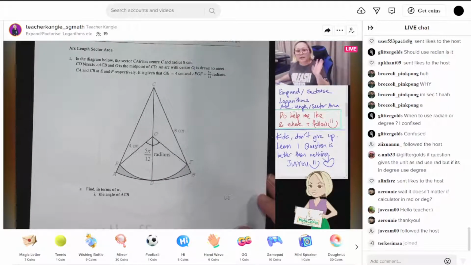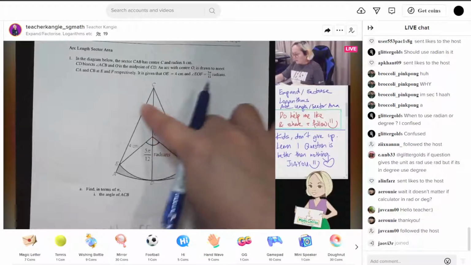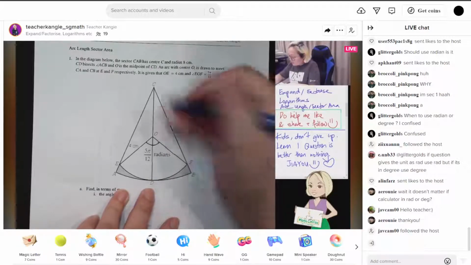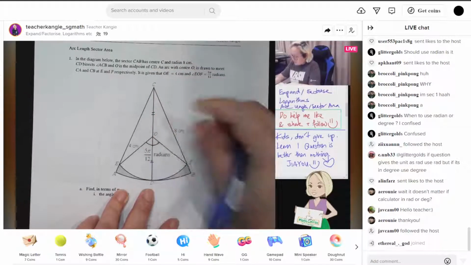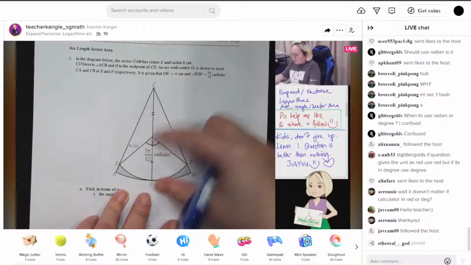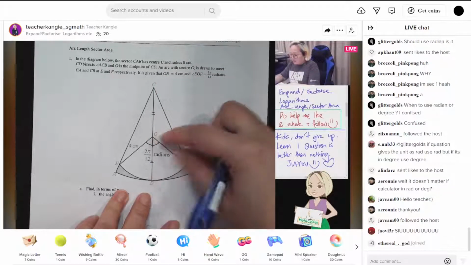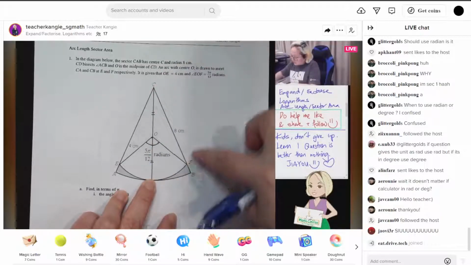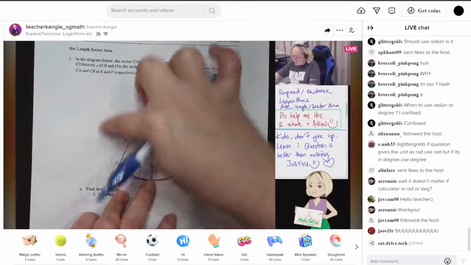The angle at the center is double the angle at the circumference. How do I know that this is the circumference? Because they tell me that this one is the midpoint. So if this is 4 cm, this is the center, and this is the diameter, it means this can be a full circle.